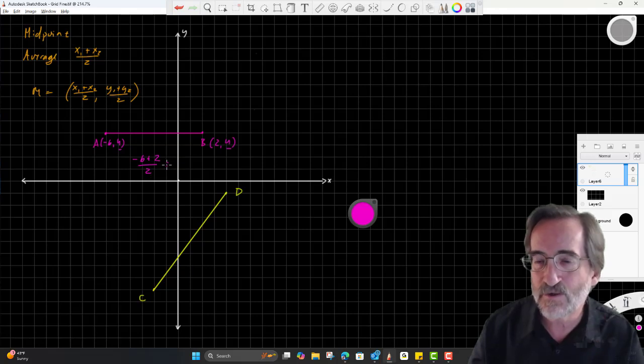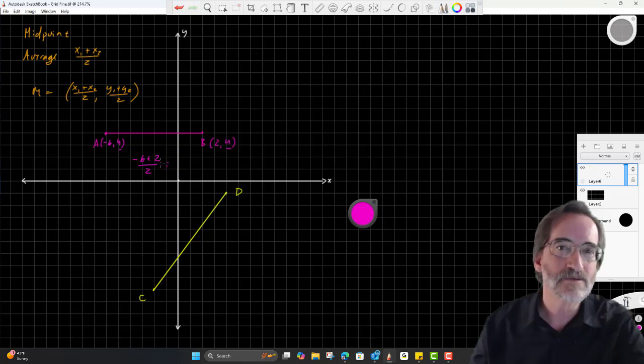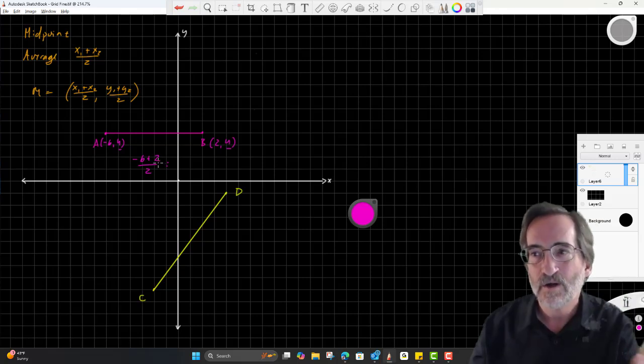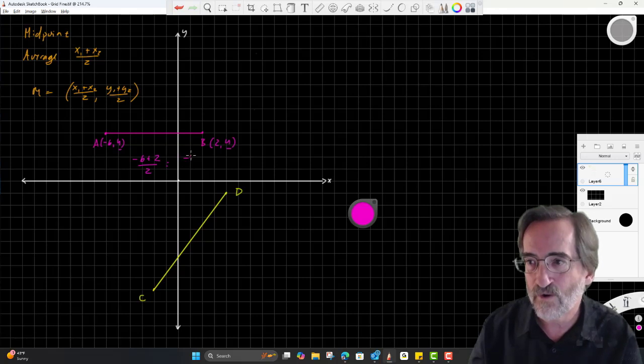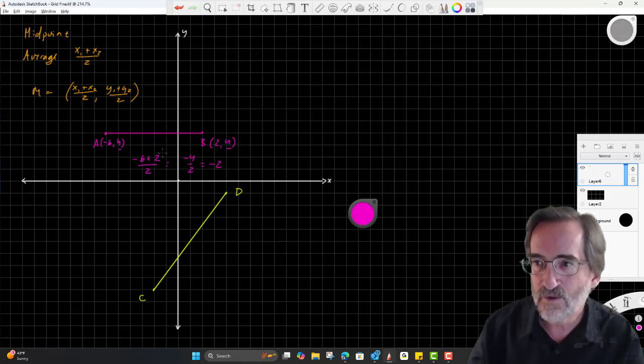Negative 6 plus 2, it's integer addition, so go left 6, go right 2, which is negative 4. Negative 4 divided by 2 is negative 2. Then the x-coordinate is negative 2. So the midpoint here is negative 2, comma 4.